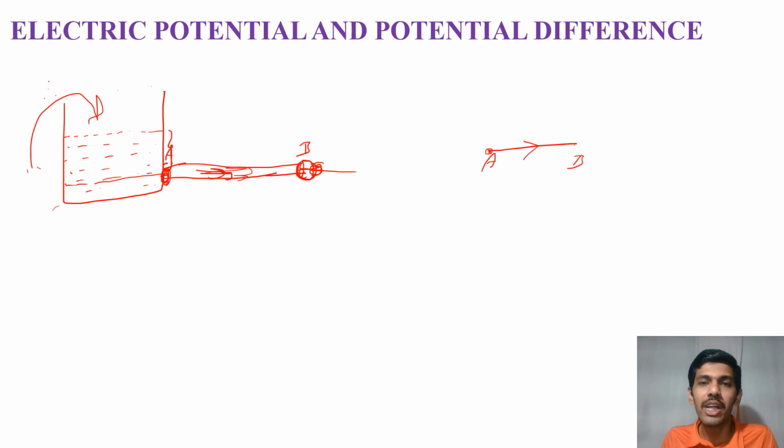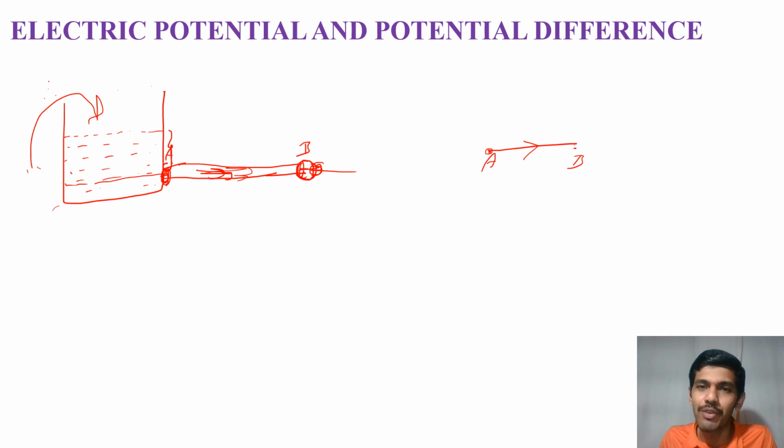Similarly, in order for a difference to exist between point A and point B of a wire, remember that in the case of a tank, it is the level of water we are talking about, but here it is not water which is moving. Here it is nothing but the charges.